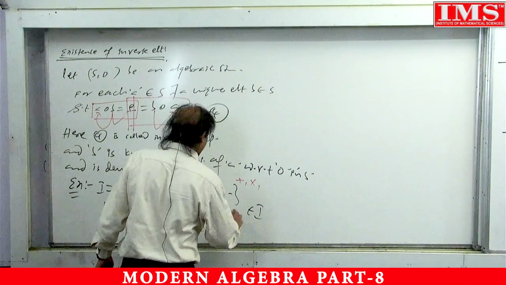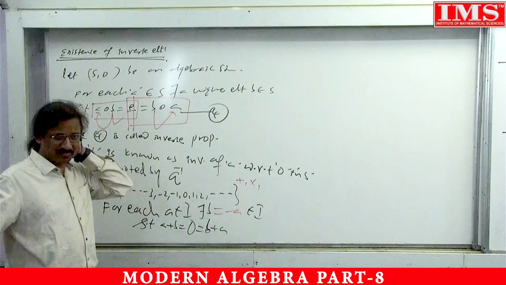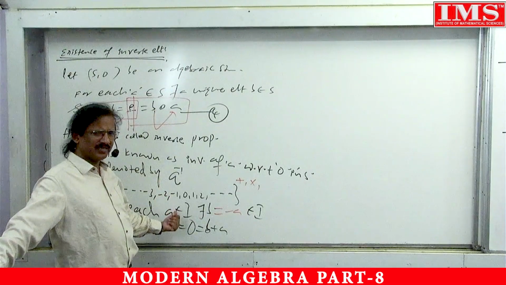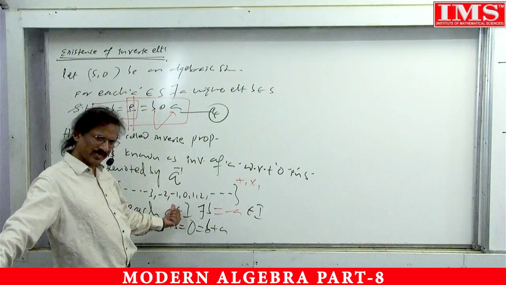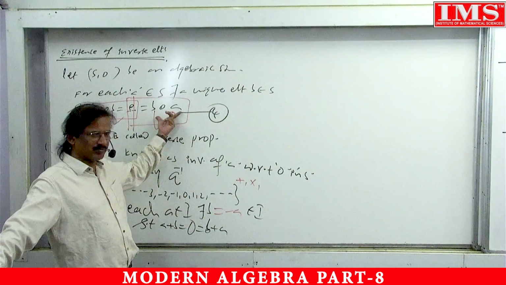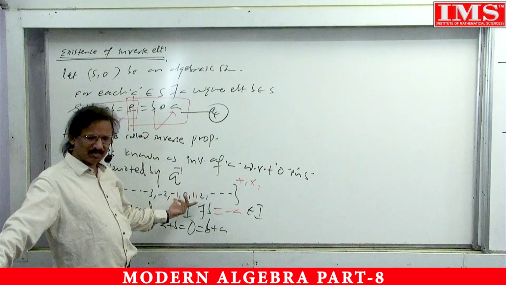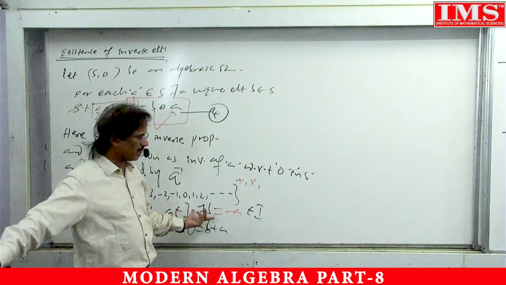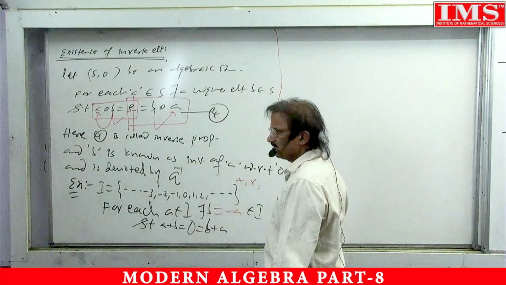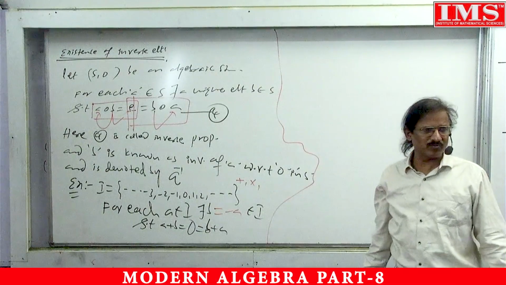Minus A. For each element A belongs to I, there is a minus A belongs to I. This satisfies the inverse rule. In place of circle, I am putting plus. That's it.